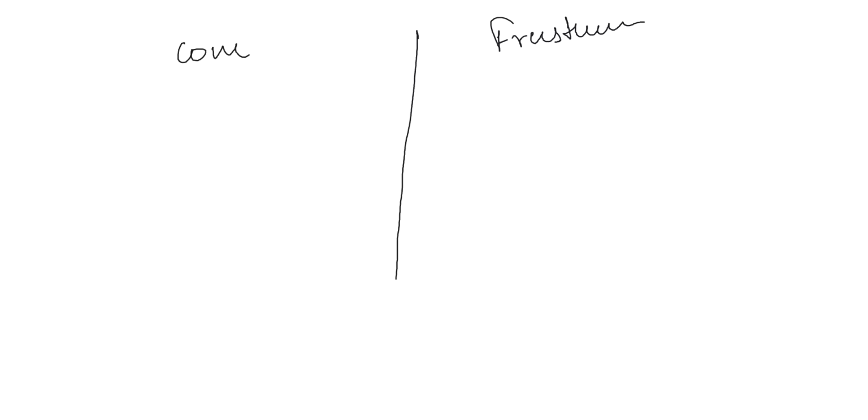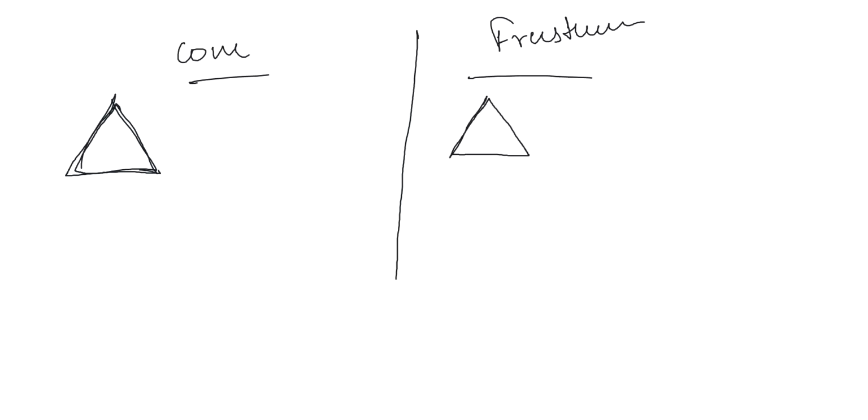We all know what a cone is. Cone is basically any triangular figure with a base, and frustum is any such figure which is cut from the top, and the figure somewhat becomes like a funnel, right?